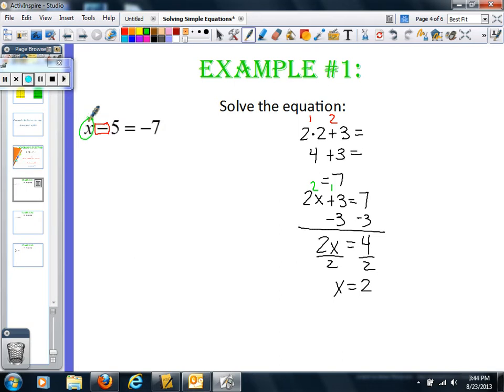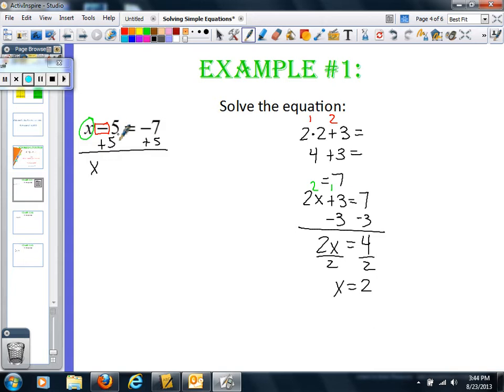So in order to do that, I have to get rid of the minus 5. We're going to use the opposite operation. So instead of subtracting, I'm going to add, and I'm going to use the same number. So I'm going to add 5 to both sides. The x will come down, and I'm going to write one extra step in this problem, but I won't do it again, just so that you guys can see what is actually happening.